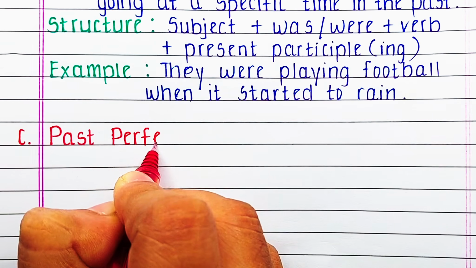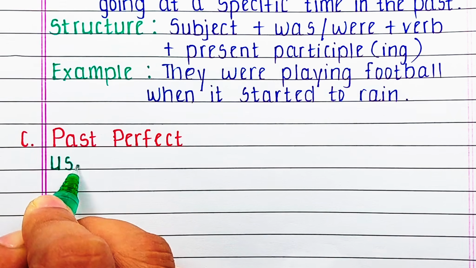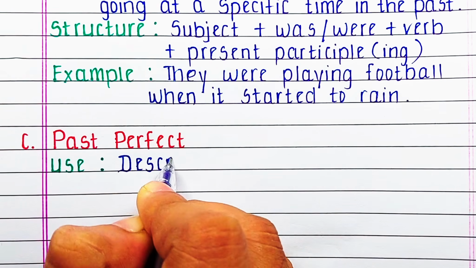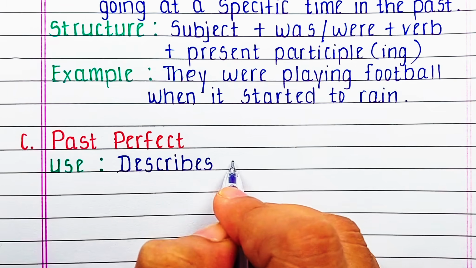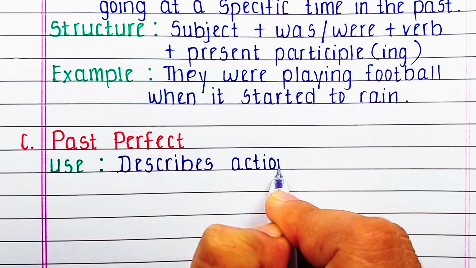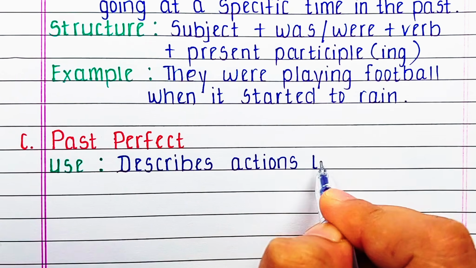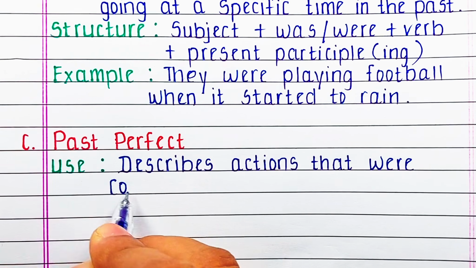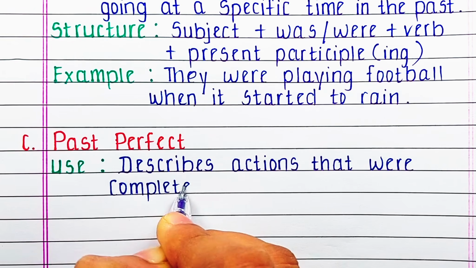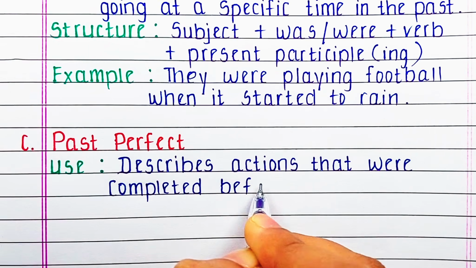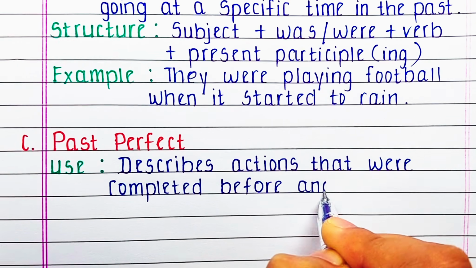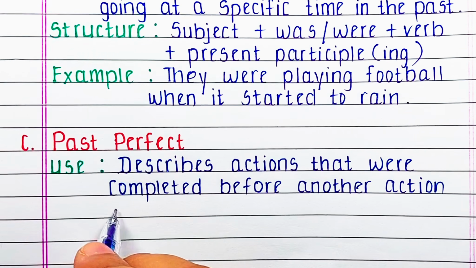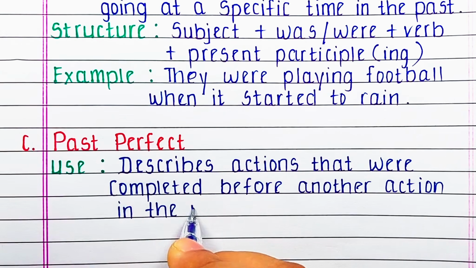Next subtype of past tense is past perfect. Its use describes actions that were completed before another action in the past.